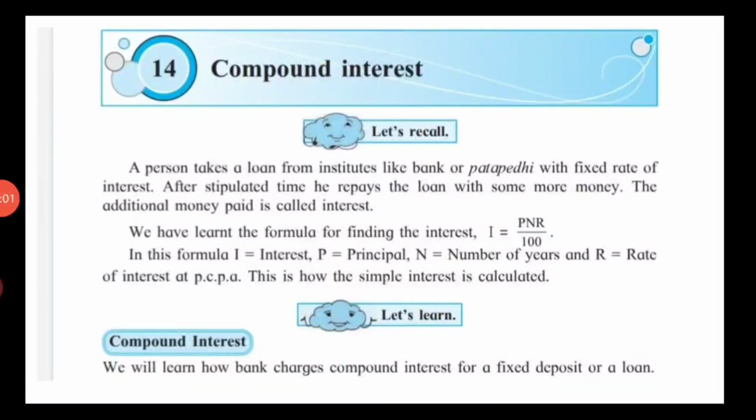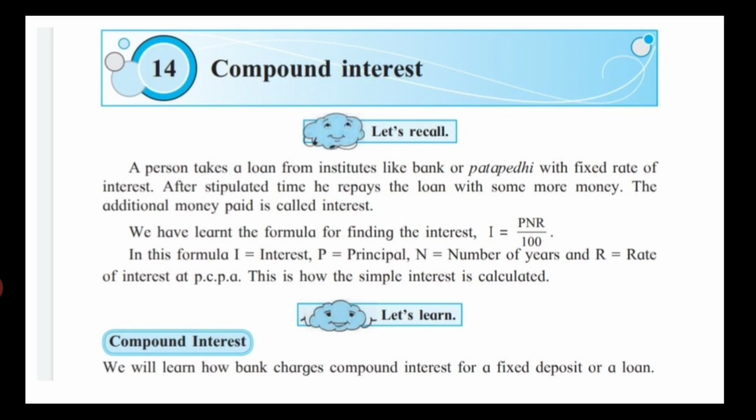Chapter number 14 is compound interest. Children, we all have studied how to calculate simple interest in our previous standard, in 7th standard. So let us recall that a person takes a loan from an institute like a bank or Patpedhi with a fixed rate of interest. When anybody requires some amount for his business, for education, or for anything else, the bank will give the money.